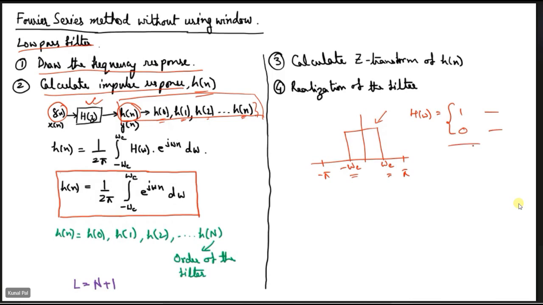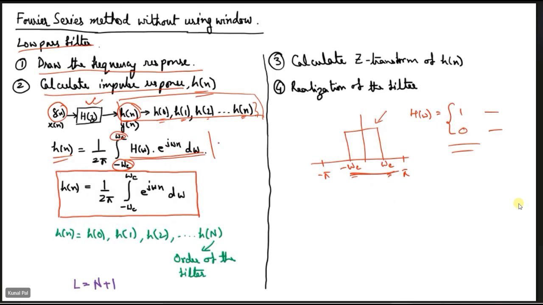So from there, how do we calculate h of n? We calculate h of n using this formula: 1 by 2 pi integral of minus omega c to omega c, H of omega e to the power j omega n d omega.